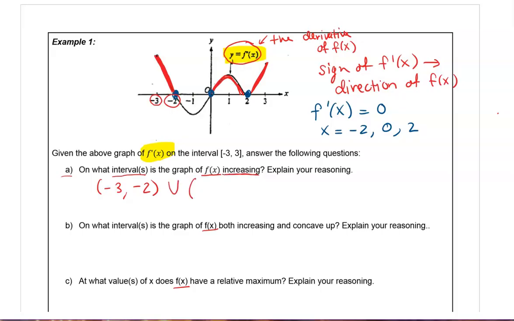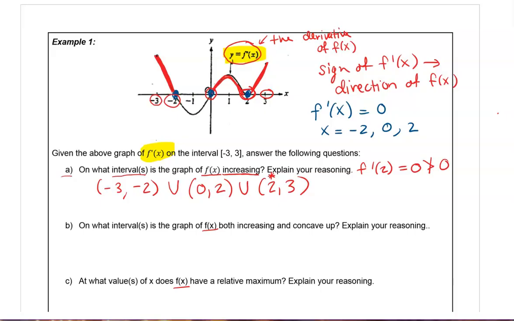But also on the x values between 0 and 2, and also continuing from 2 to 3, I like to stop at 2, and I'll just put a little note about why I did that. It's because f prime of 2 is actually 0. It's not positive. So I can't say it's greater than 0. So I wouldn't say the function's increasing there. So that's why I stopped it there.